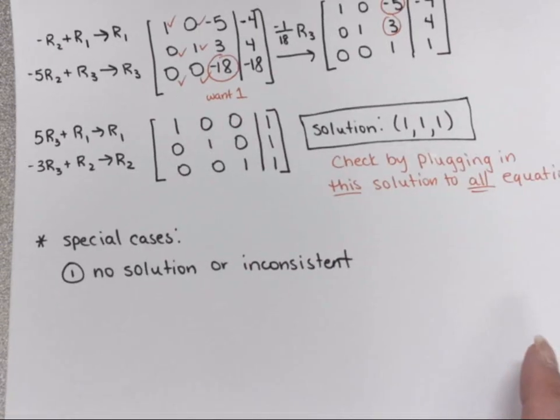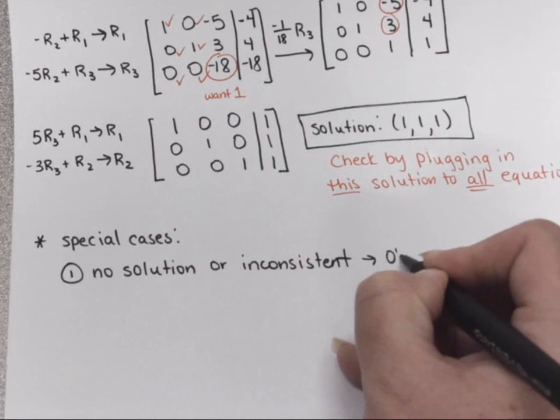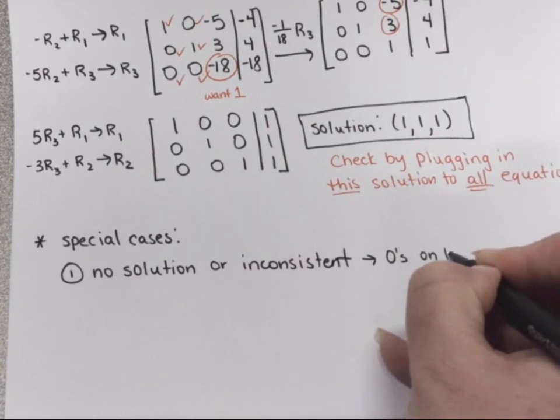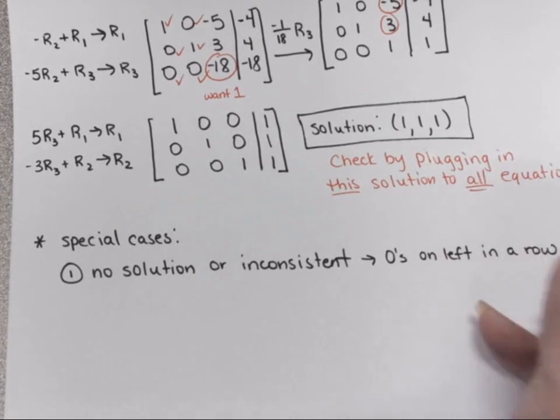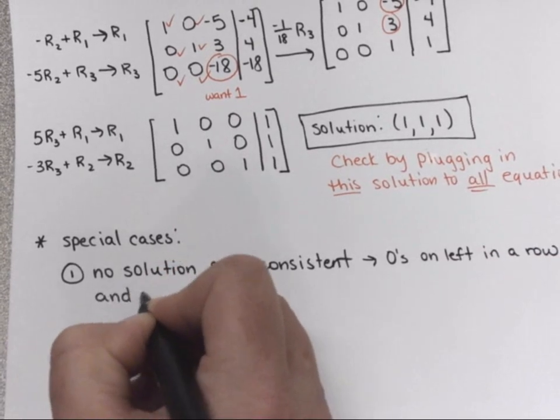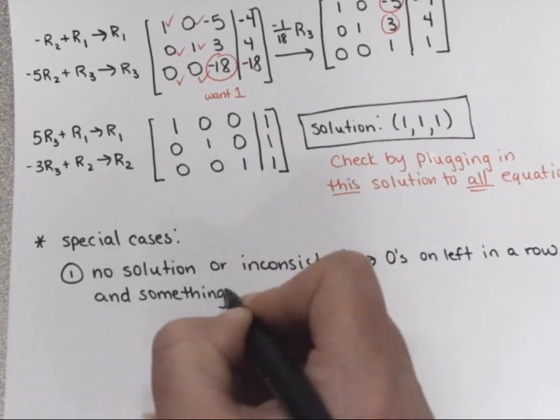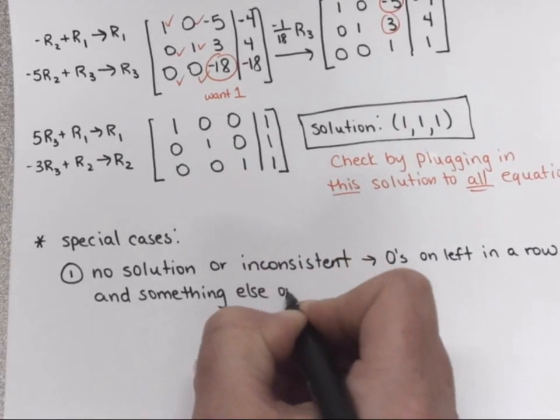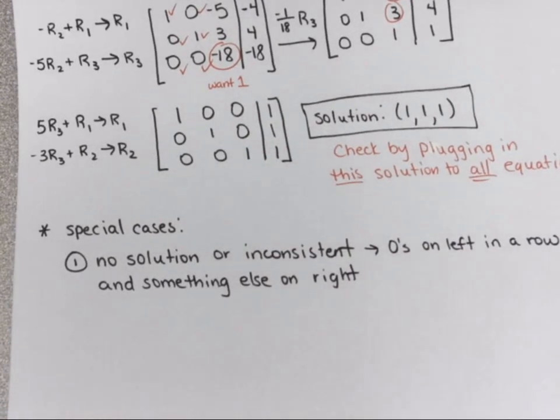Okay, so I'm not going to describe this a lot, but this is where you get zeros on the left in a row and something else on the right. So like you get 0, 0, 0, and then a 2, okay, or something like that.